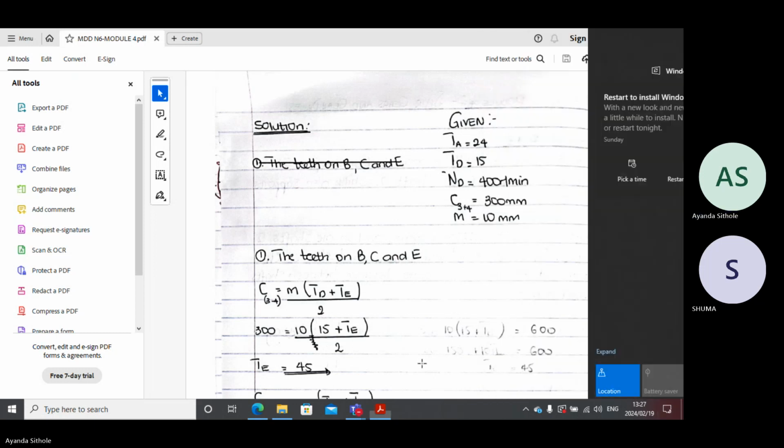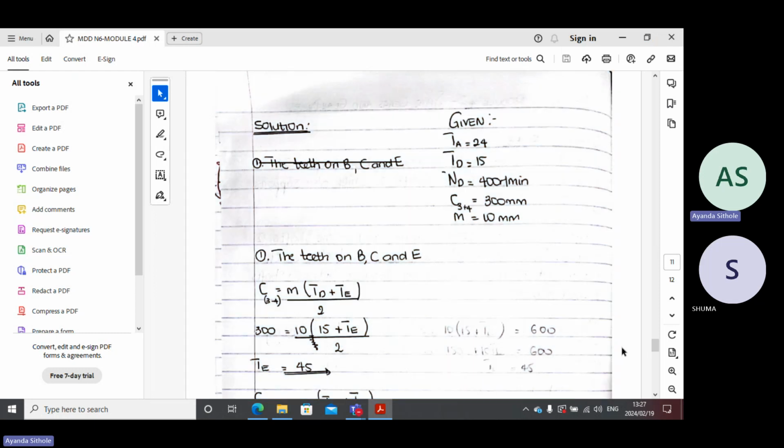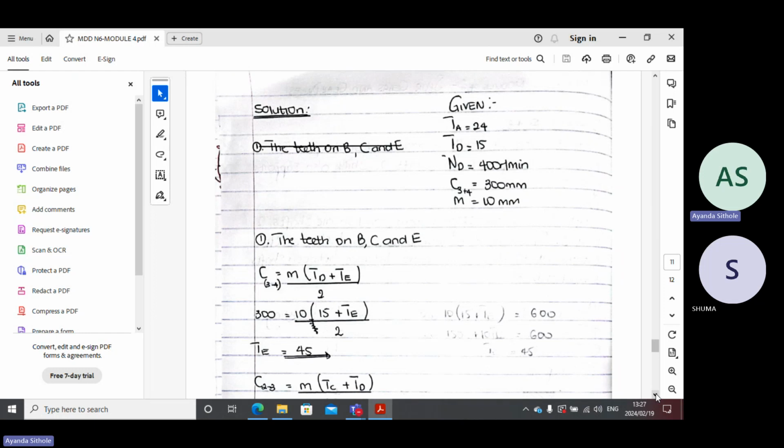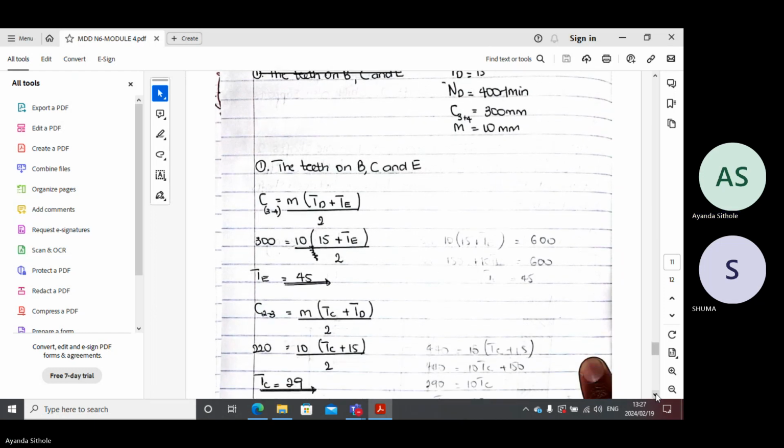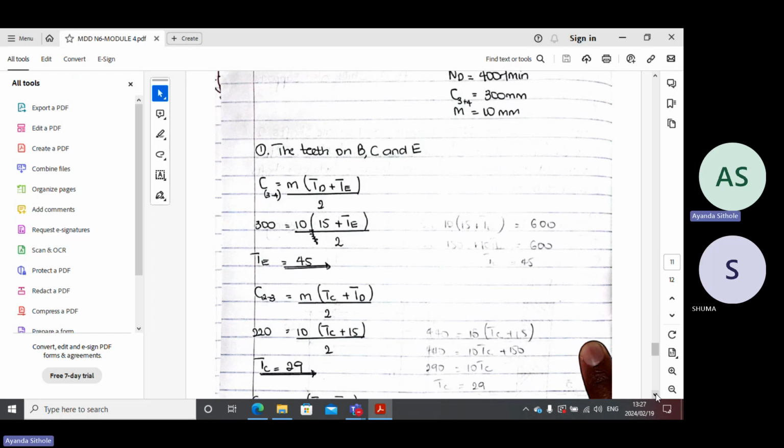The number of teeth for D is given, it's 15. Then you substitute to calculate your TE. So my answer was 45.